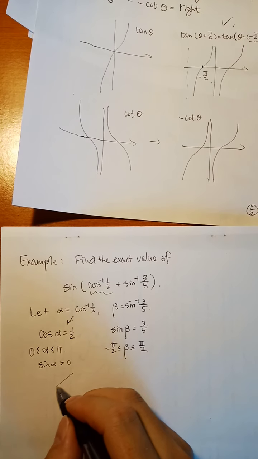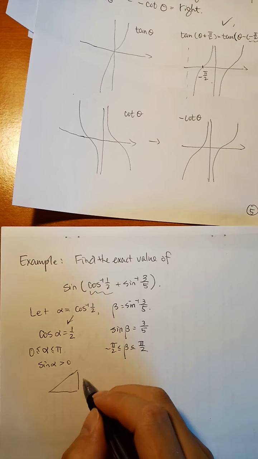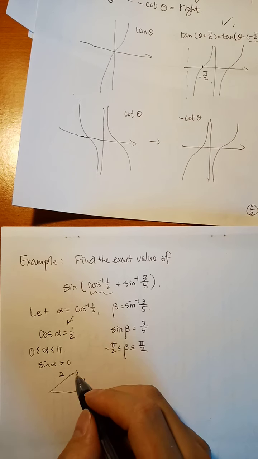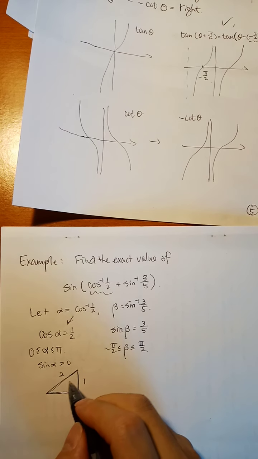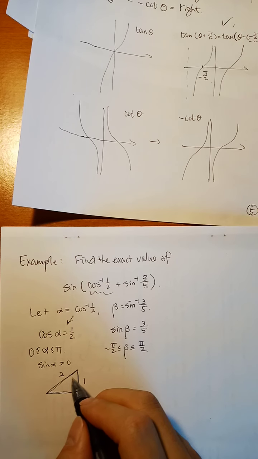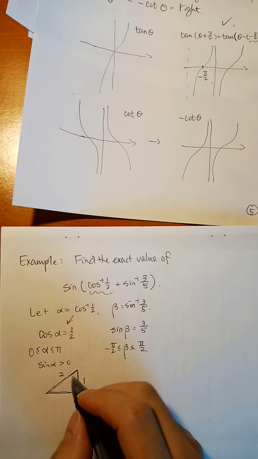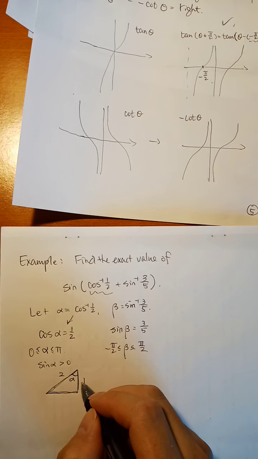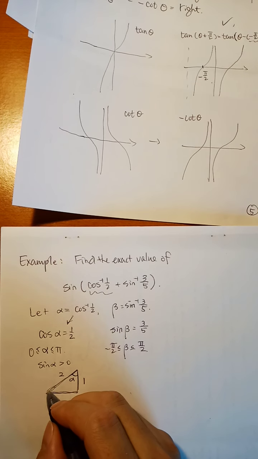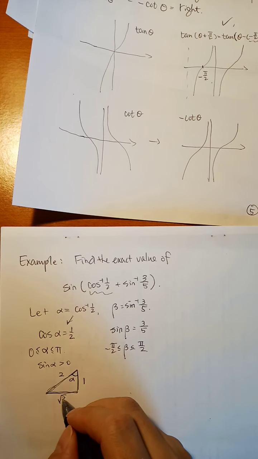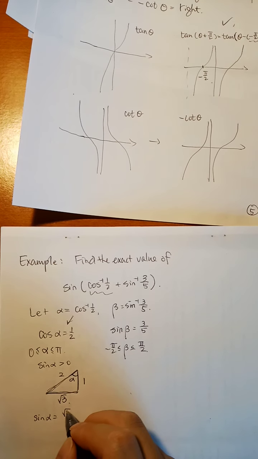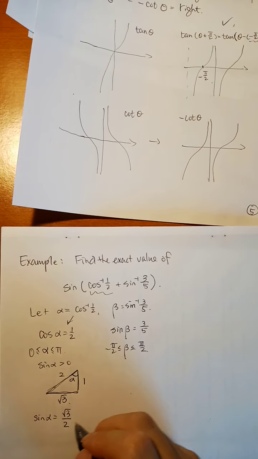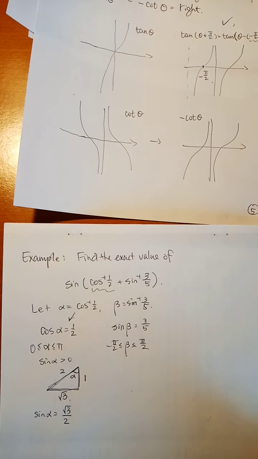That's one thing. And second, from this triangle, you know that cosine alpha, my bad. This is alpha. Adjacent is 1, hypotenuse is 2, so the opposite is root 3. So sine alpha is opposite over hypotenuse, it's root 3 over 2.